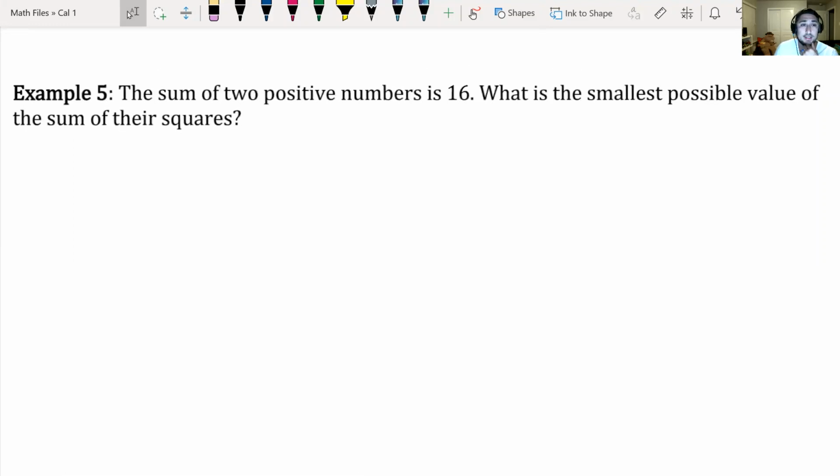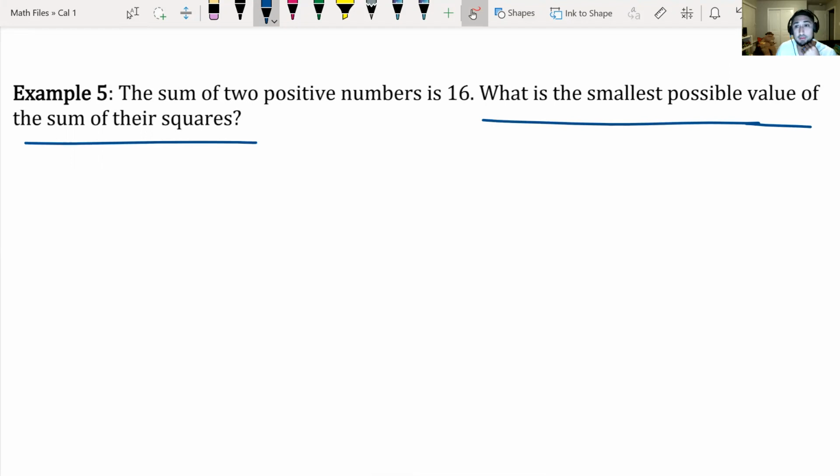Last one. The sum of two positive numbers is 16. What is the smallest possible value of the sum of their squares? Our job is to minimize the sum of their squares.